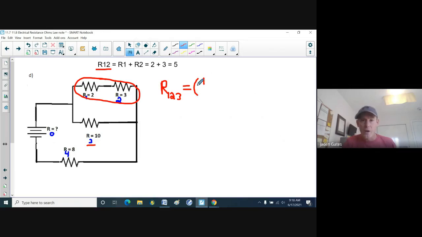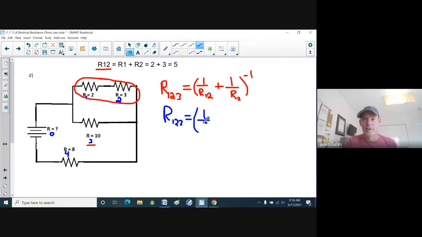I'm going to have 1 over R12, because that's what I made the other circuit look like, plus 1 over R3, and again, to the power of -1. We have 1 over 5, and resistor 3 is 10, so we have 1 over 10, to the power of -1.